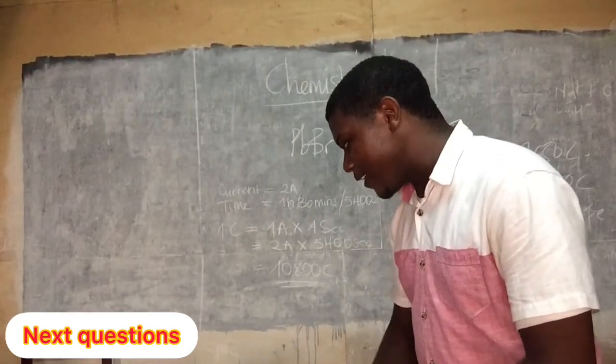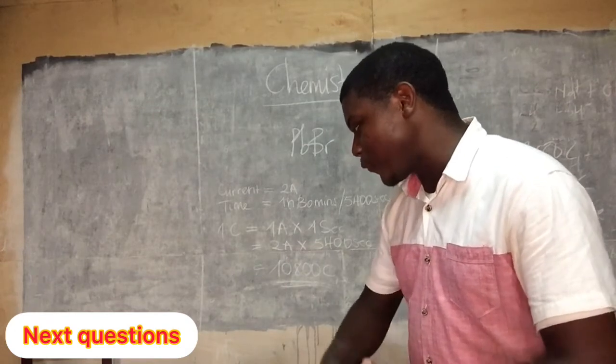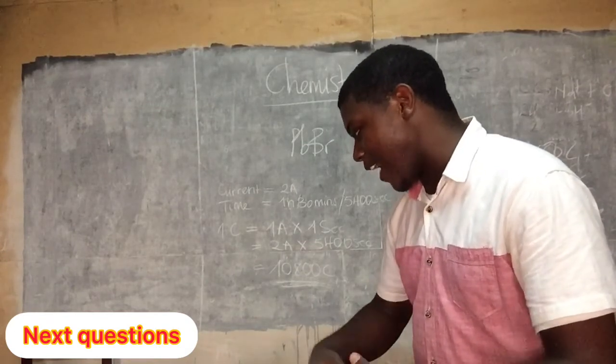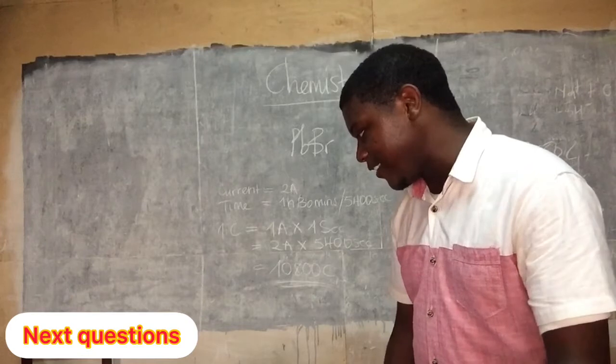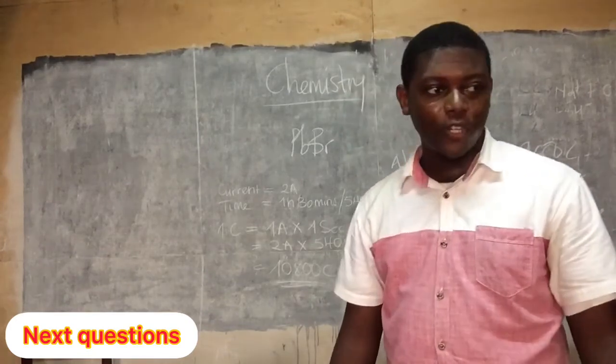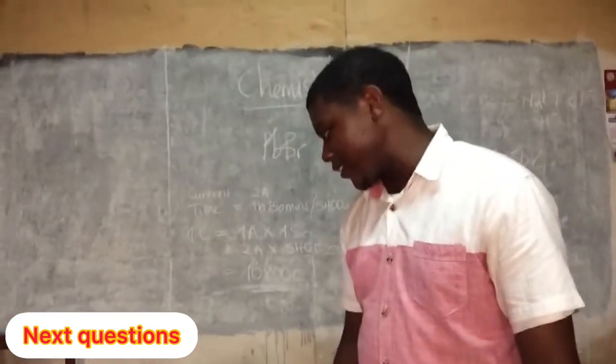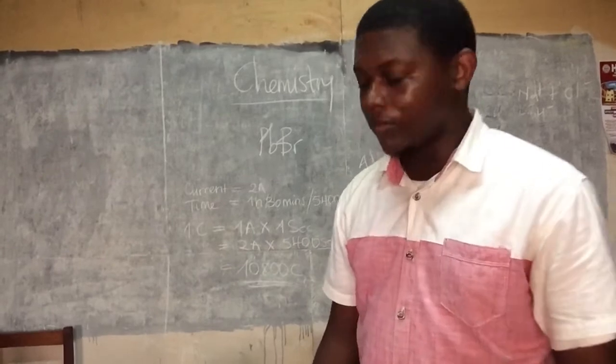B says contains large number of free moving ions. C says contains few number of electrons and is a poor conductor. D says ionized partially and contains free ions in solution.